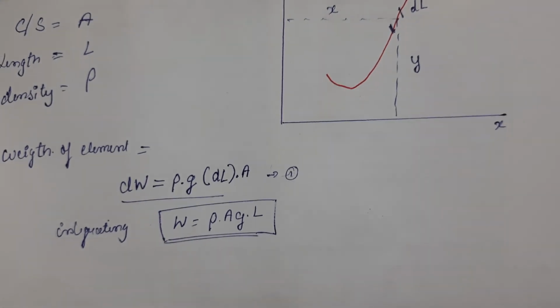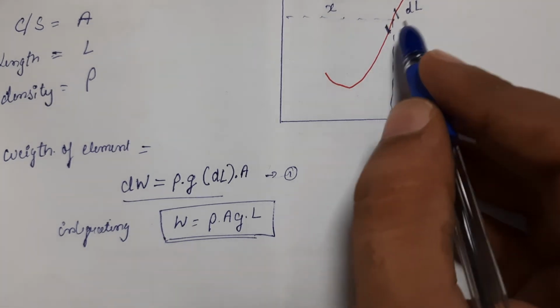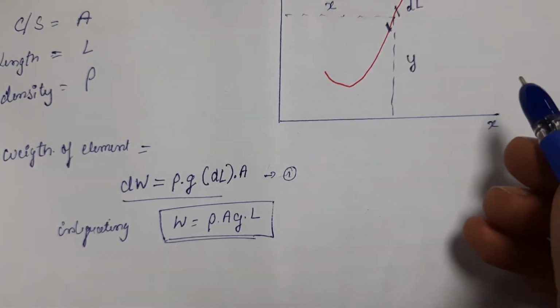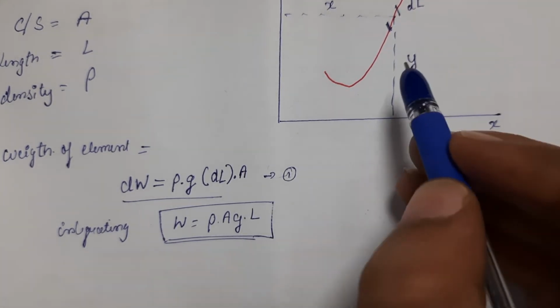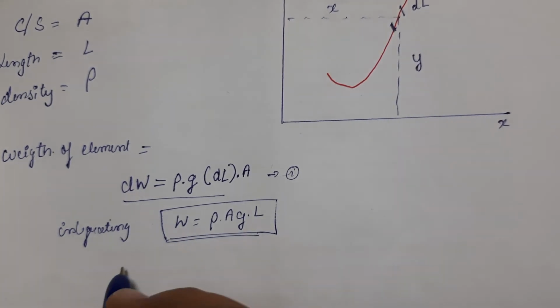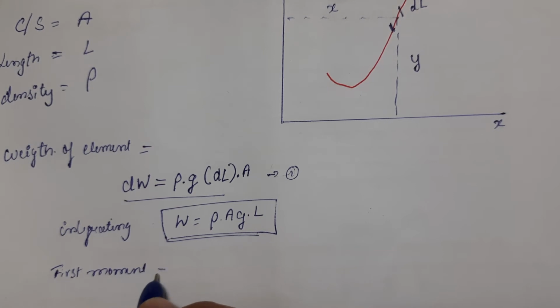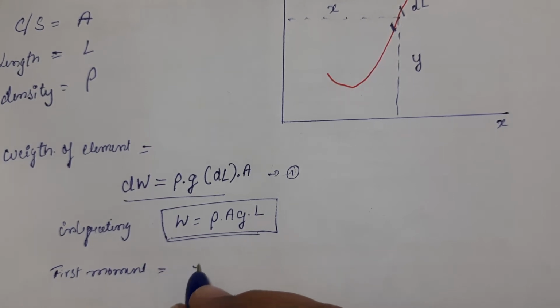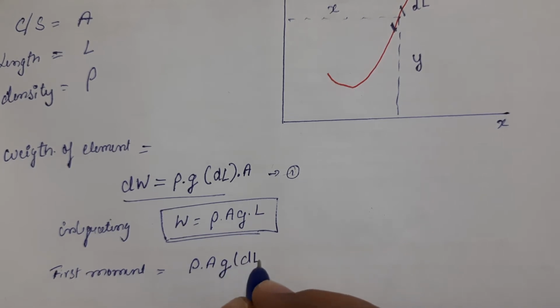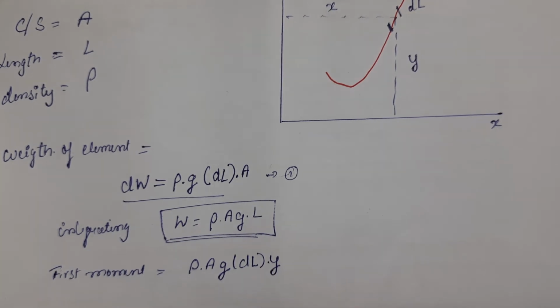So what we get here is nothing but the weight of the small element into the perpendicular distance from this axis. So that will be equal to the first moment, which is rho into A, that is cross section, g into dl into y. So perpendicular distance is y here.